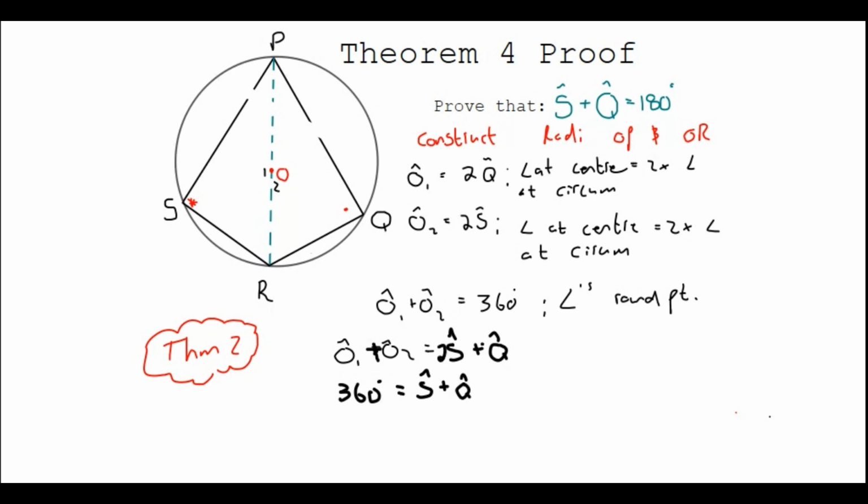Thank you for correcting me on the 2's. Now we divide everything by 2, so 180 degrees equals angle S plus angle Q. And there you have it.